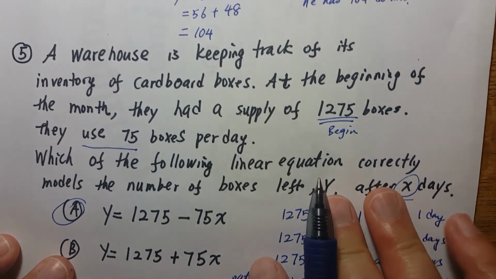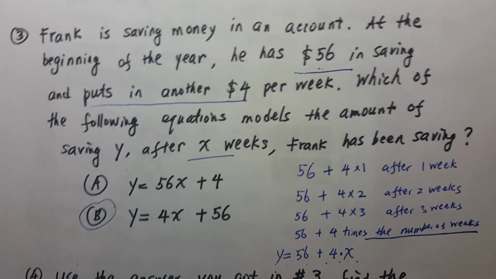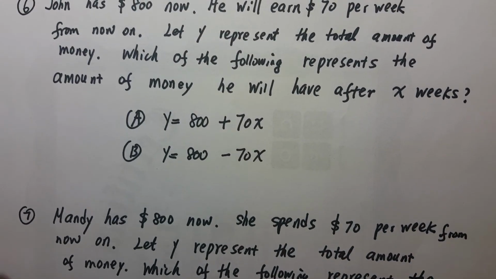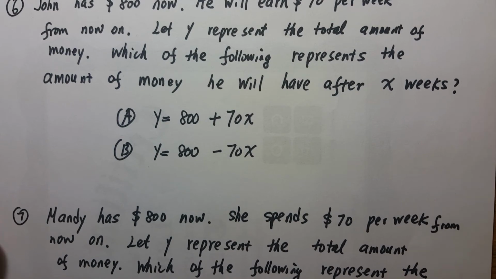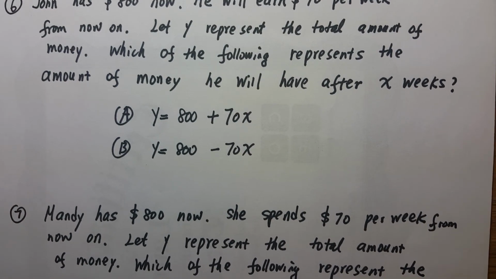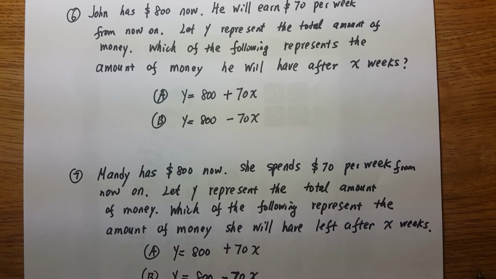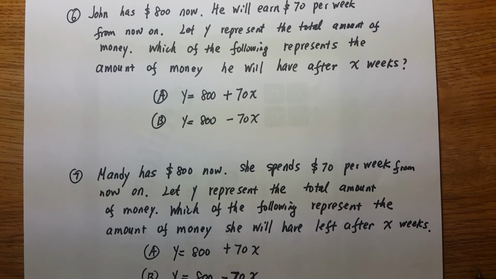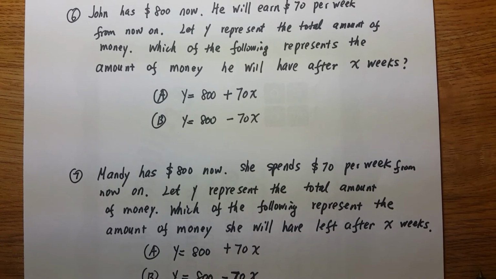Now I'm going to ask you to do number 6 and number 7 by yourself, and then you have to tell me it's going to be choice A or choice B. Number 6, John has $800 now. He will earn $70 per week. From now on, let Y represent the total amount of money, which of the following represent the amount of money he will have after X week.